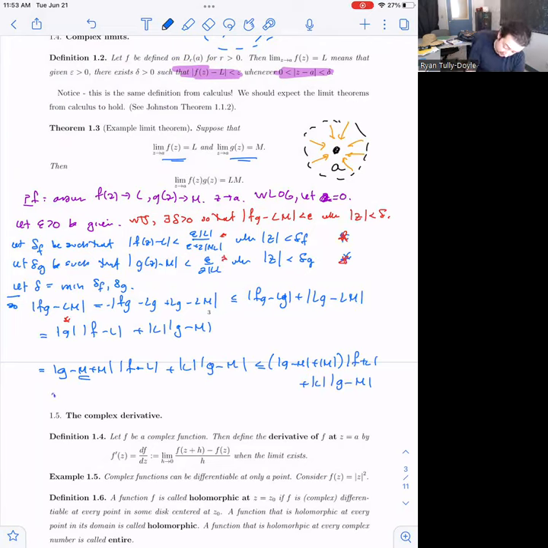So this is less than or equal to, well, this bit right here, |g − m|, that's less than epsilon over 2|l|. So I get epsilon over 2|l| plus |m|, and then I have an f minus l.